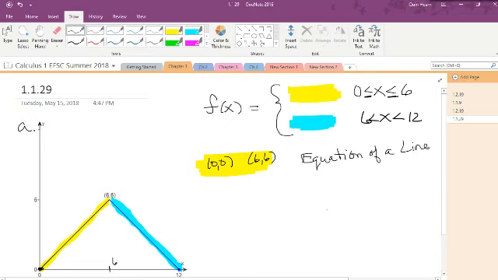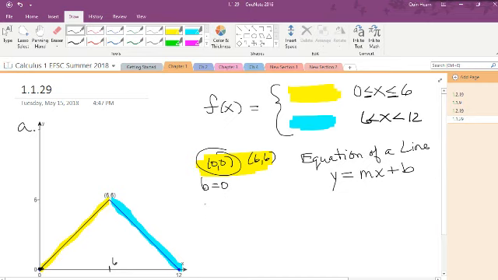You need a point and a slope, right? It's great if the point happens to be the y-intercept, because then we can use the formula y equals mx plus b, and we just figure out the slope, and we have the y-intercept, and we plug them in. Well, in this case, we do. We have the y-intercept, which is 0, 0. So we know that b is equal to 0.